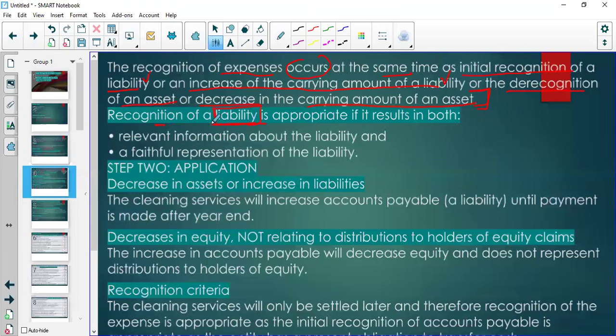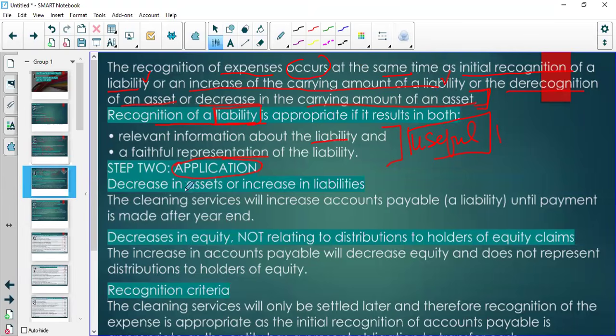We do recognize a liability if it results in relevant information as well as faithful representation. In other words, if the information is going to be useful to the users of financial statements. Right, so that was just setting up the theory. Now we go to the application.